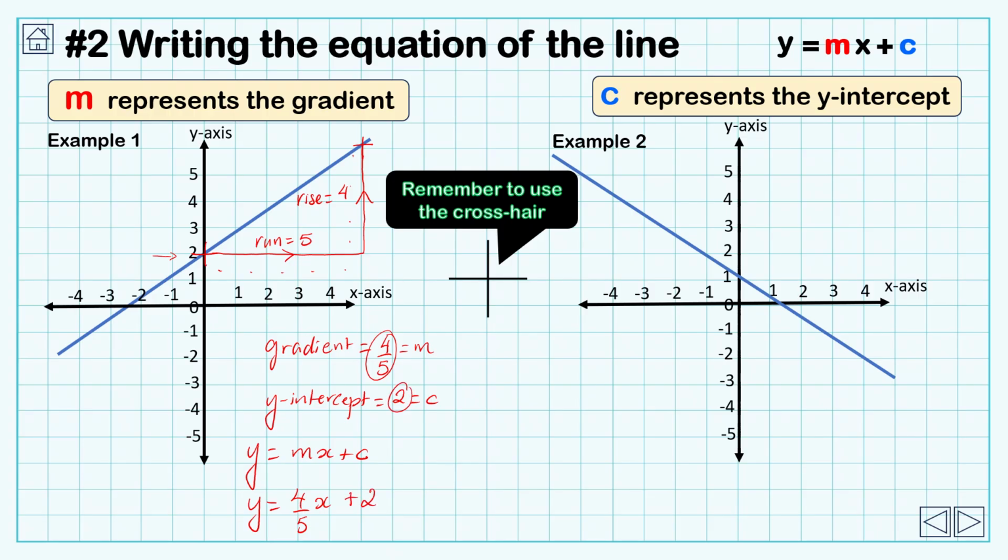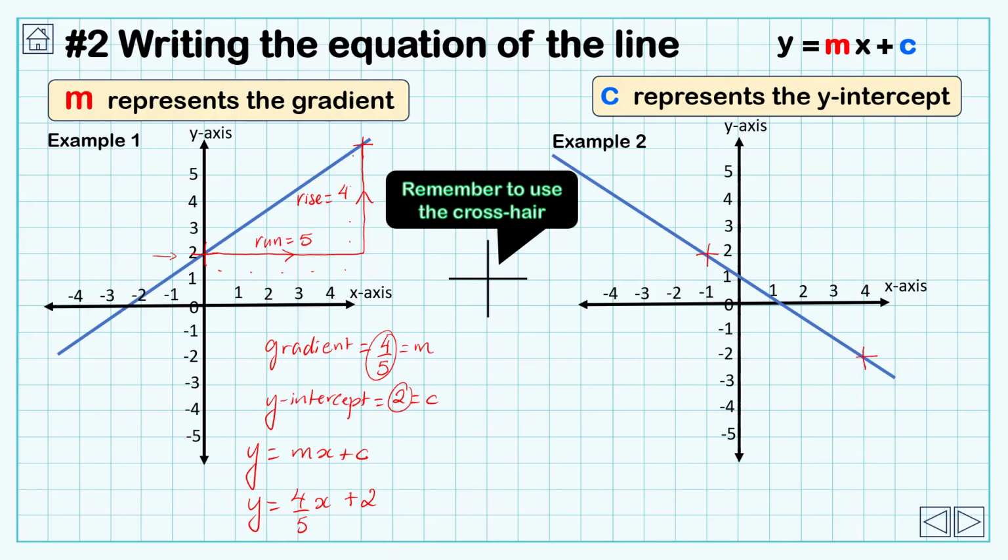Okay, so let's see another example to improve your understanding of how to write the equation of a line. So we're going to look for two places where we can place the crosshair. Now I'm scanning that drawing here. Okay, there's one here and one there.